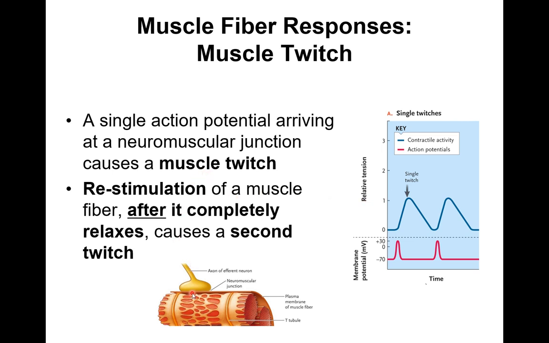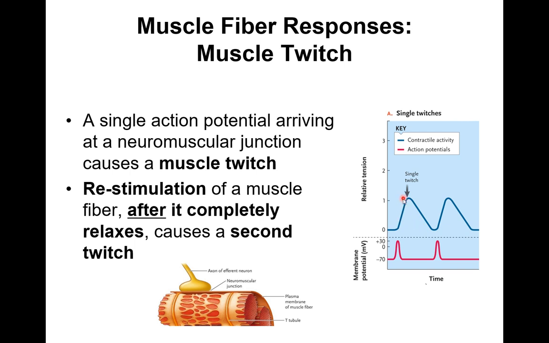You have one stimulation happening, an action potential, and you're going to have a single twitch. There's contraction, but then it stops, and the muscle goes back to the original length.